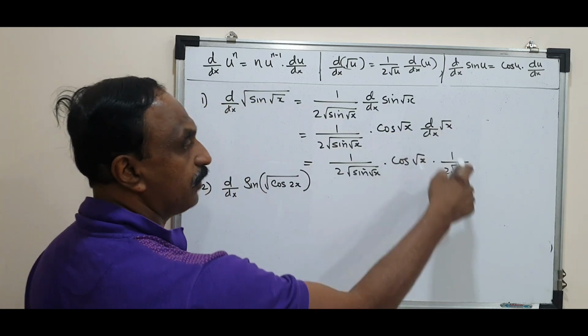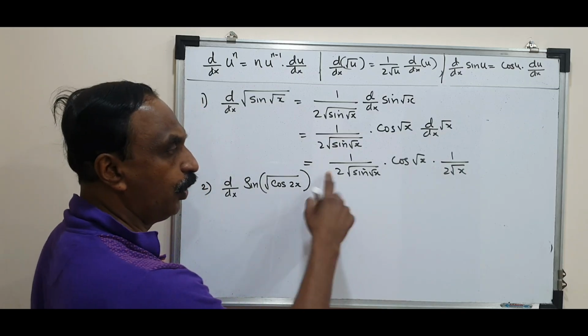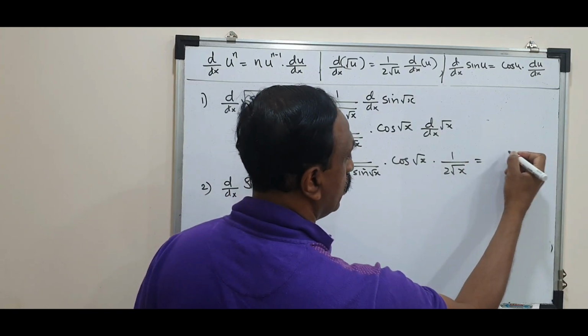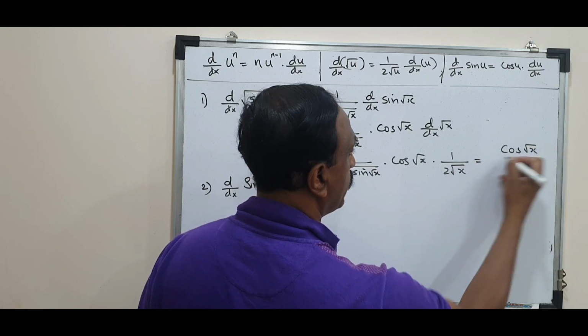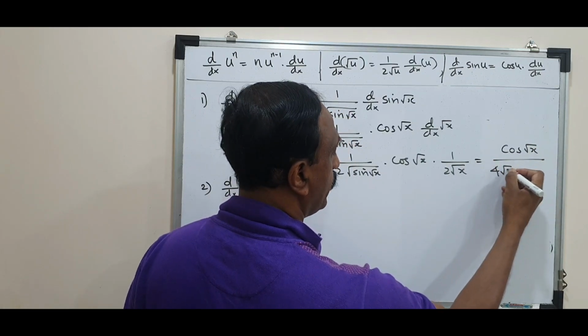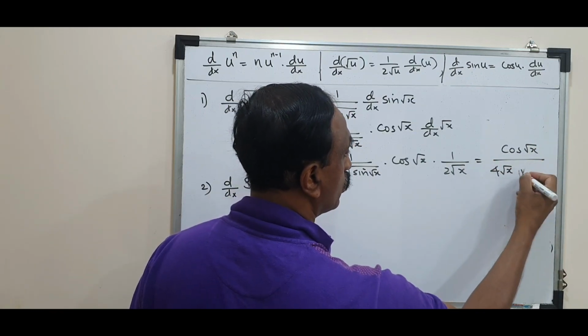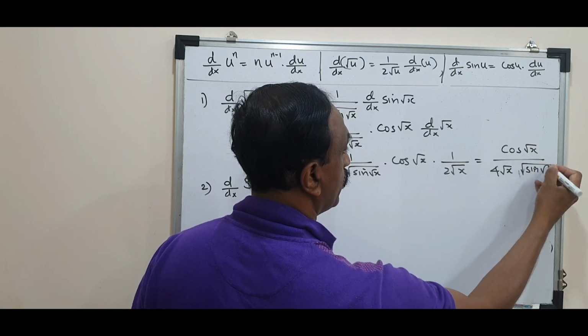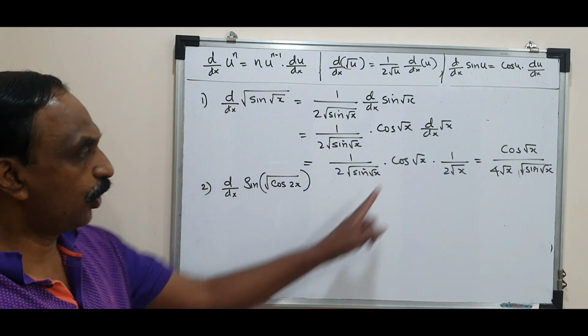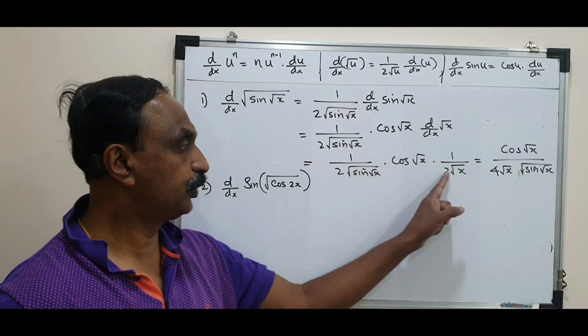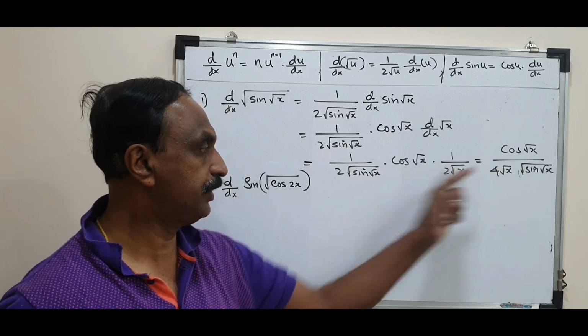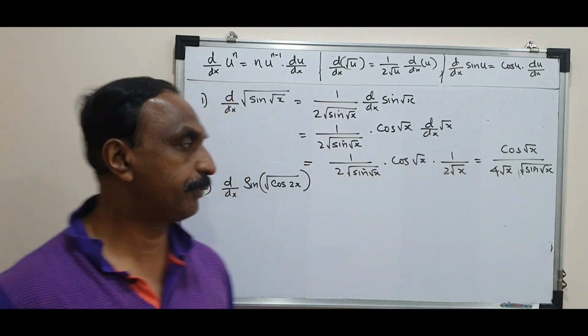The derivative of root x is 1 by 2 root x. 2 into 2 will give you 4. So the final answer: cos root x will be in the numerator, 4 root x and root of sine root x in the denominator.